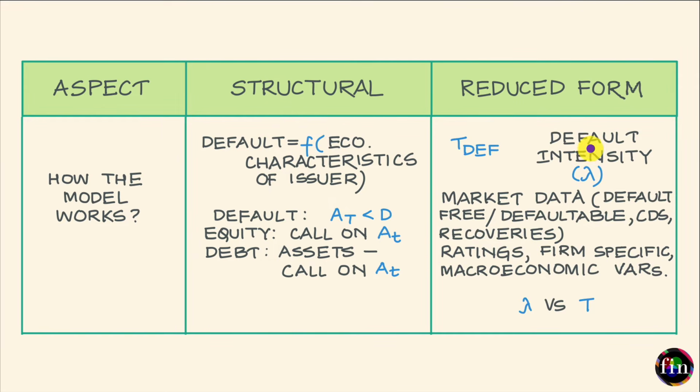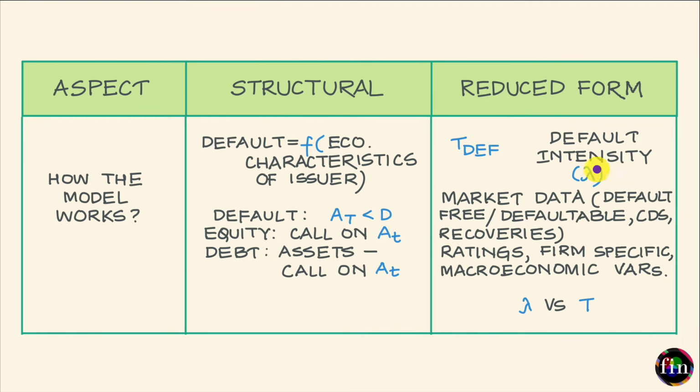Okay, default intensity or hazard rate is represented by lambda, and intuitively speaking, I can think of default intensity to be a mathematical concept that tells me what should be the conditional probability of my issuer defaulting in the upcoming tiny time period, conditional upon it having survived till the point in time at which I am currently standing at.